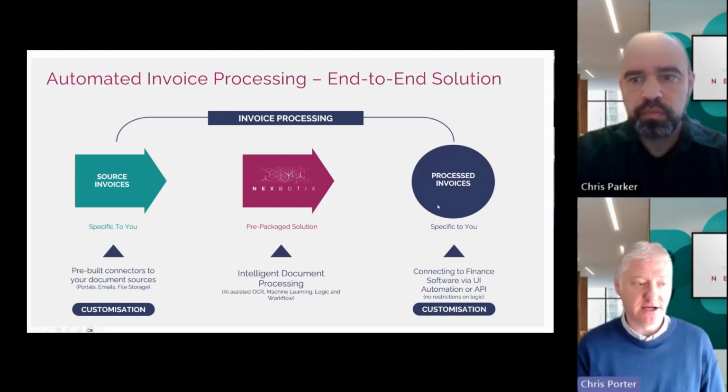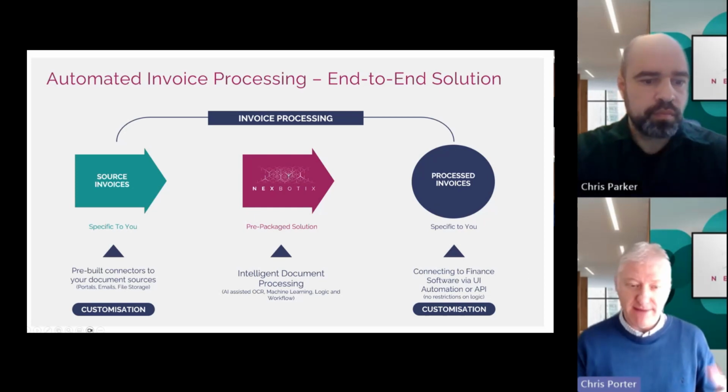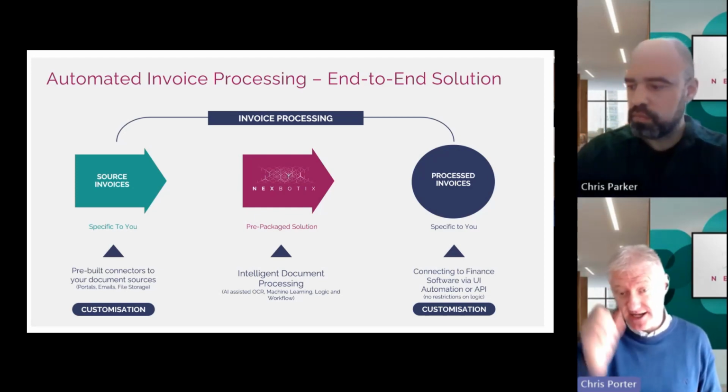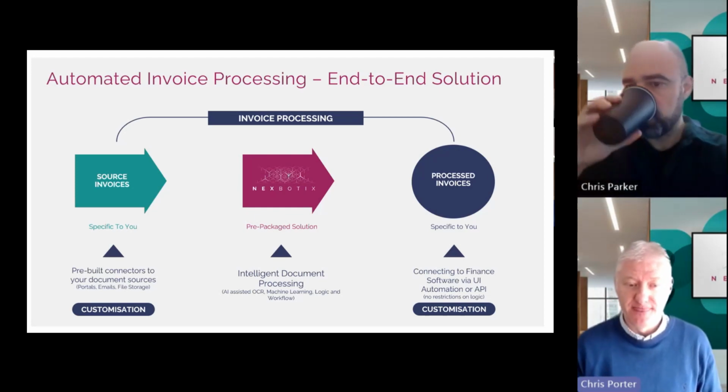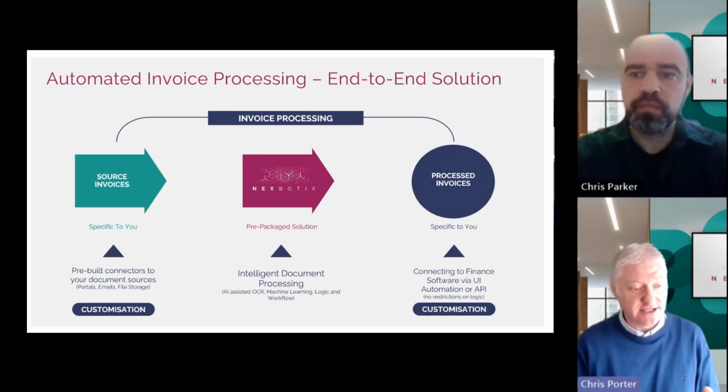And then on the right hand side there, the actual invoices themselves. So once we've done all that matching, we've got all the right data, we're then going to process them into the downstream finance software. And that could be a multitude of different software packages, different systems.